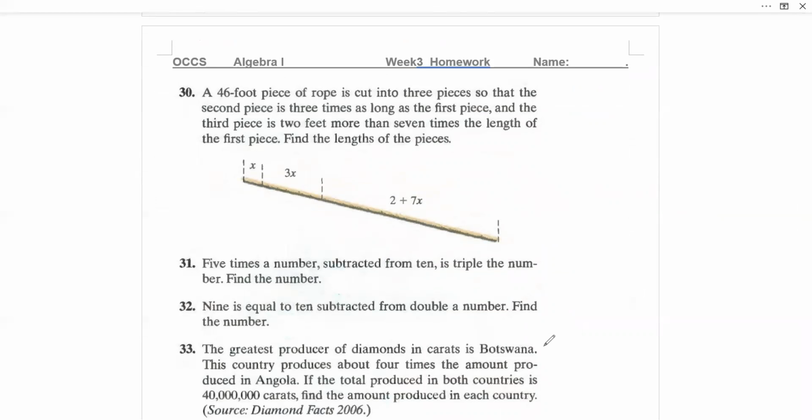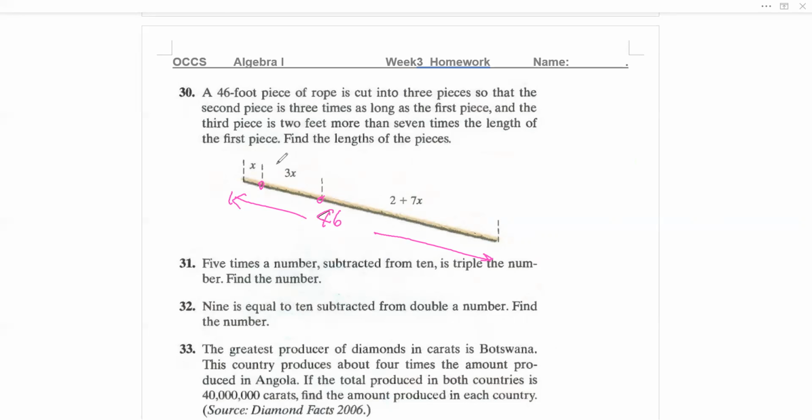A 46-foot piece of rope. This is a rope, right? Actually, the total is 46 feet. It's cut into 3 pieces. Cut one here, cut one here. And then the second piece is 3 times the first piece.